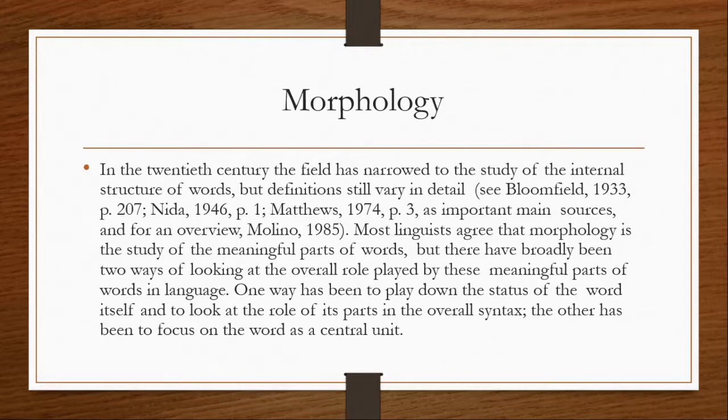Most linguists agree that morphology is the study of the meaningful parts of words, but there have been broadly two ways of looking at the overall role played by these meaningful parts of words in a language. One way has been to play down the status of the word itself and to look at the role of its parts in the overall syntax, and the other has been to focus on the word as a central unit.